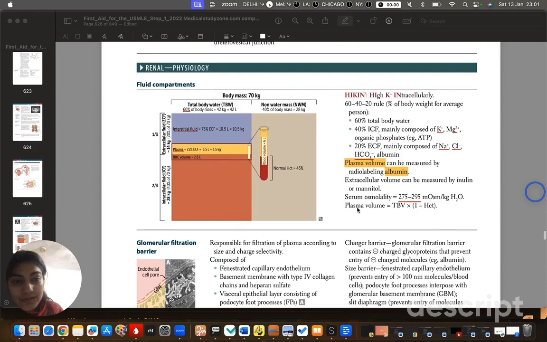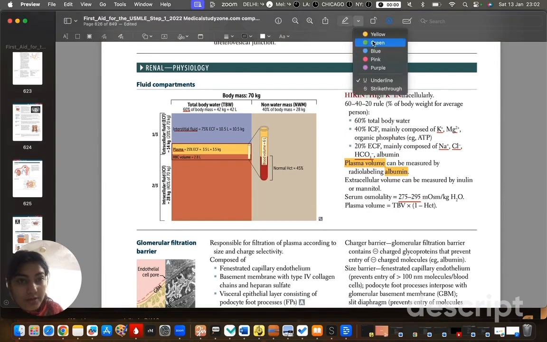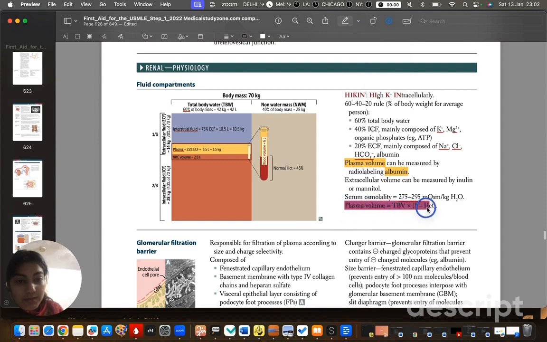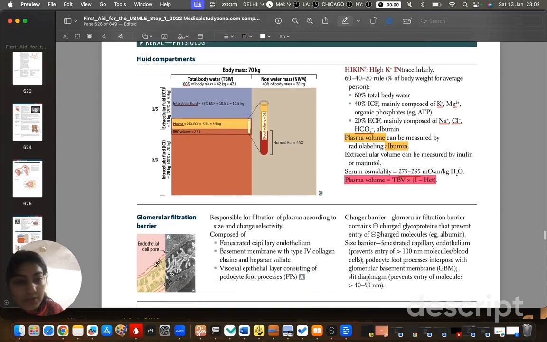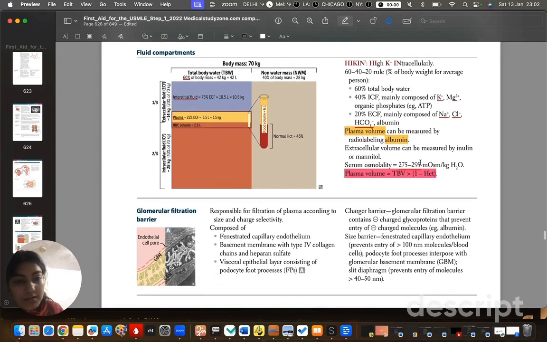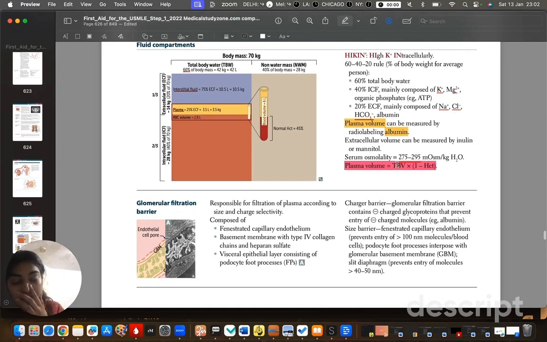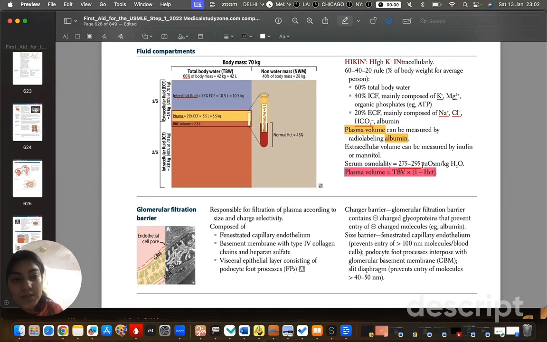You have these things that you want to know. I'm going to highlight it a different color, I'm going to do pink. Plasma volume is TBV times 1 minus HCT, because I'm not going to remember this at all. It's good to remember this because it saves time in the exam, so you're not riffling through your sheets to look at normal values.